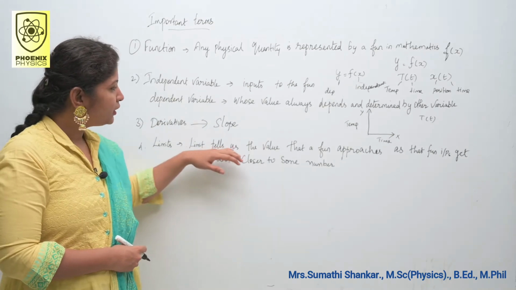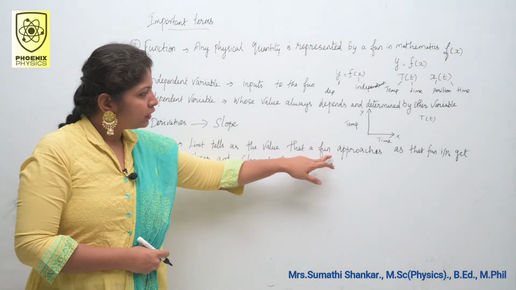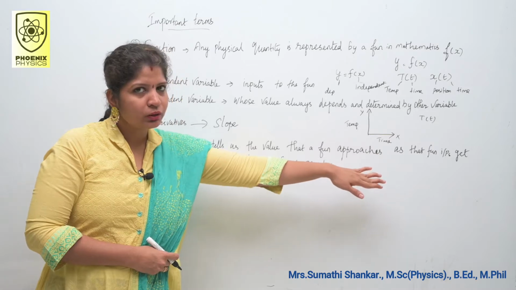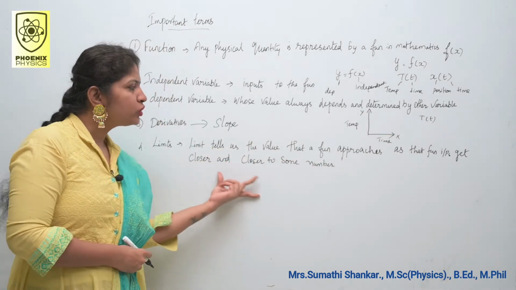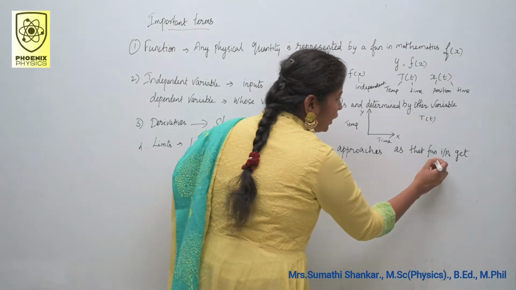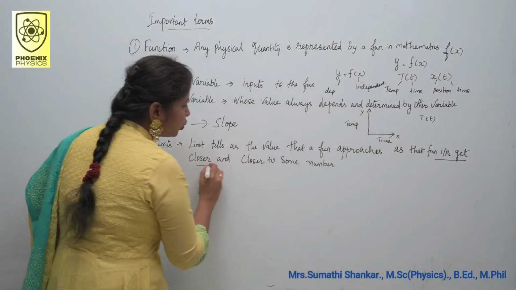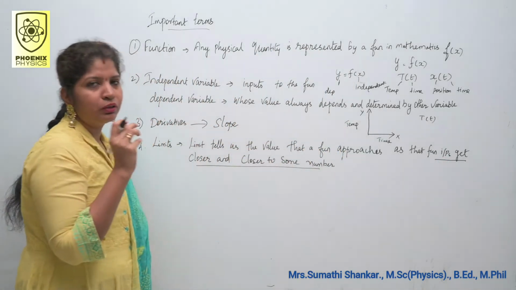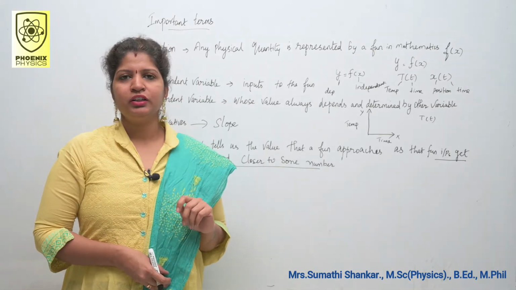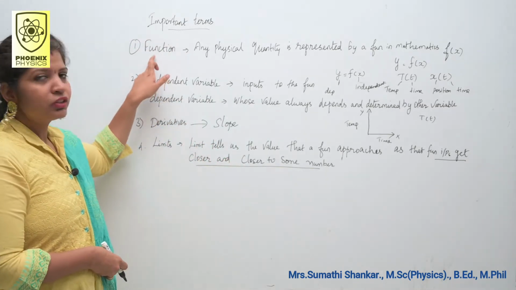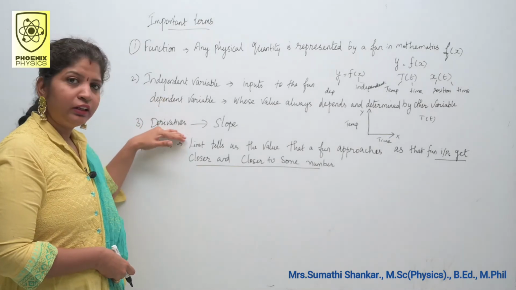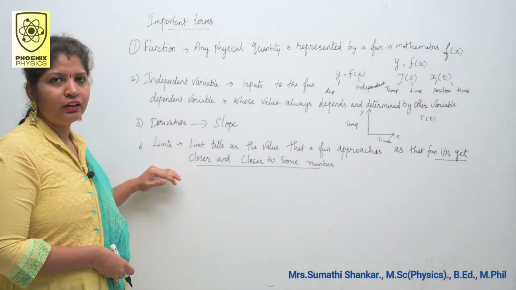So limit tells us the value that a function approaches as the function inputs get closer and closer to some number. This word is important: inputs get closer and closer to some number. There are four important terms in differential calculus. One is function, independent and dependent variable, then derivatives, finally limits.